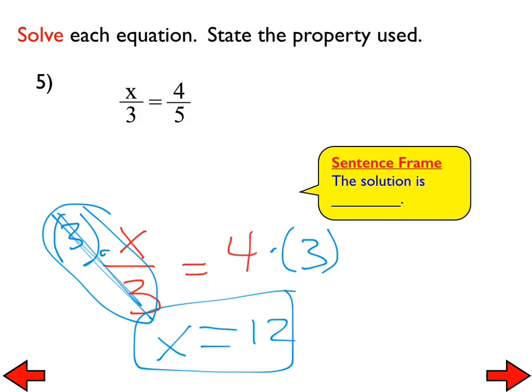So number 5 is x divided by 3 equals 4/5. So let's multiply both sides by 3. Now when we do that, on the left-hand side, we've created 1 just like we wanted.